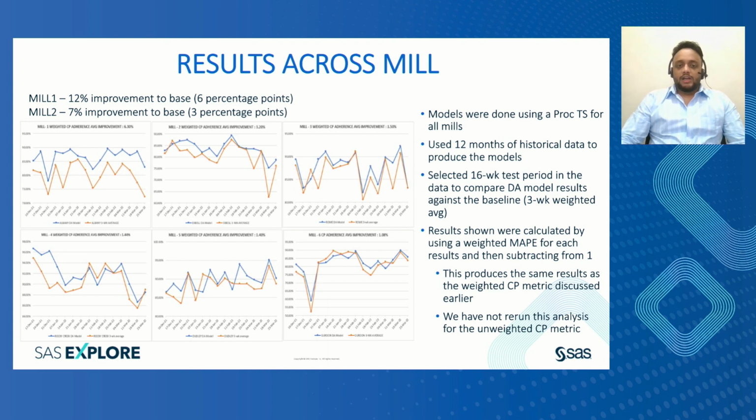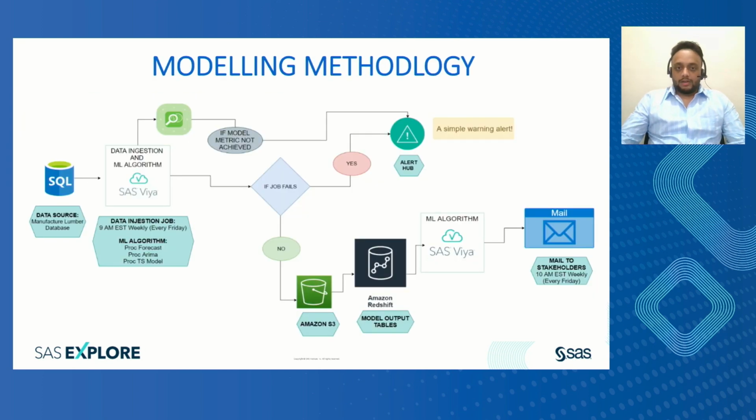After deploying this, we have moved to around 75 to 80%, so 70 to 80% is the overall CP adherence. That was the improvement, and the graph shown here is based on the CP adherence metric. I'll now take you through the whole modeling methodology we followed.